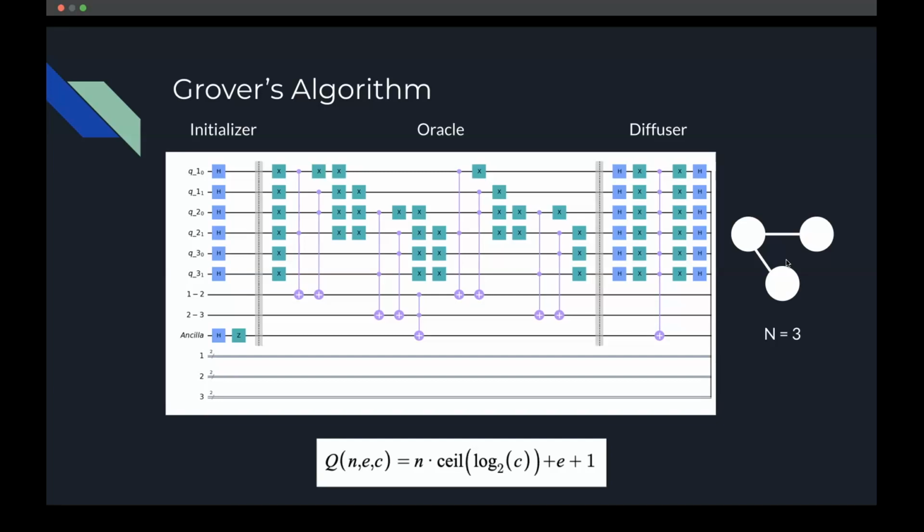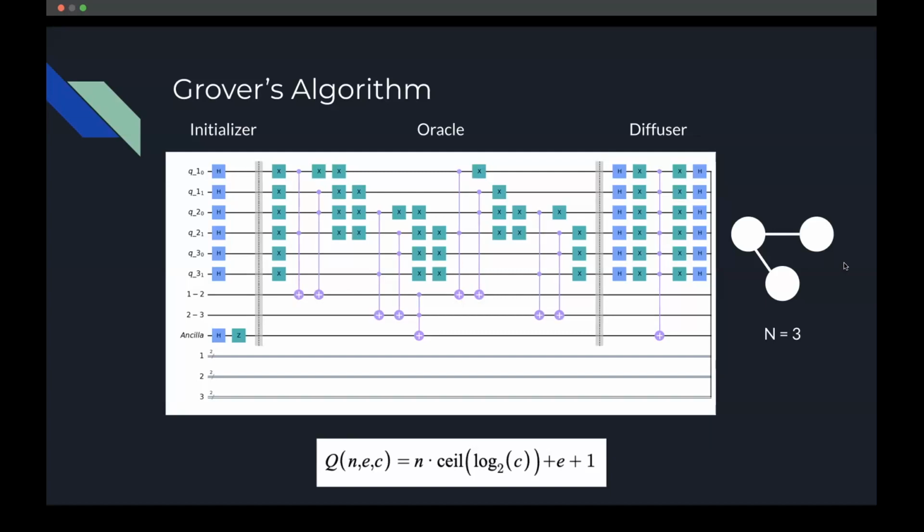The oracle consists of 3 parts, which together accomplish the task of imposing the constraints of the edges on the system. It does this by flipping the magnitude of all states in the superposition that fulfill all of their conditions. It has 3 steps. The first step is computation.